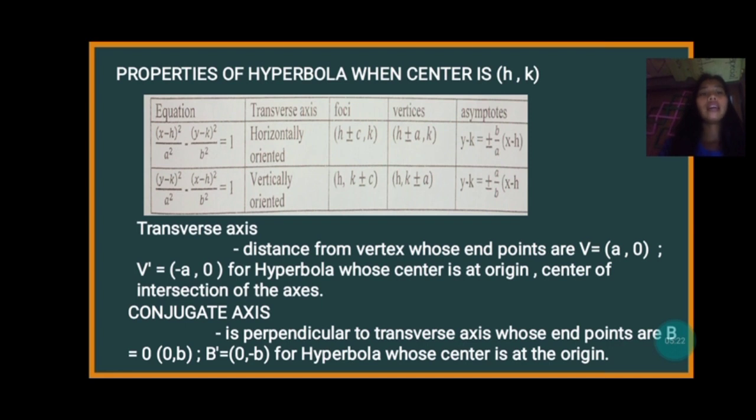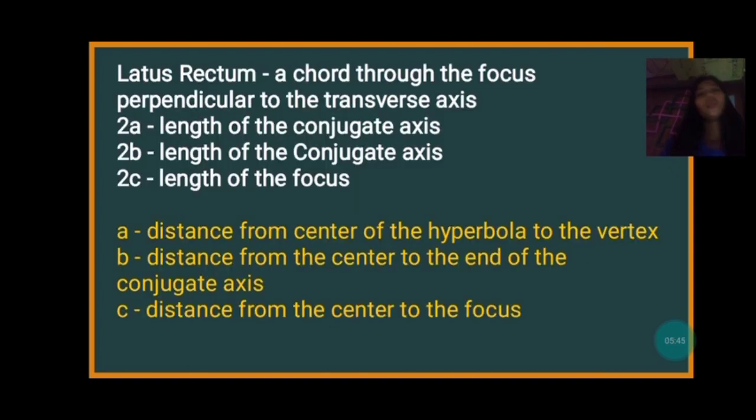Then your conjugate axis is perpendicular to the transverse axis, whose endpoints are (0, b) and (0, negative b) for a hyperbola whose center is at the origin.